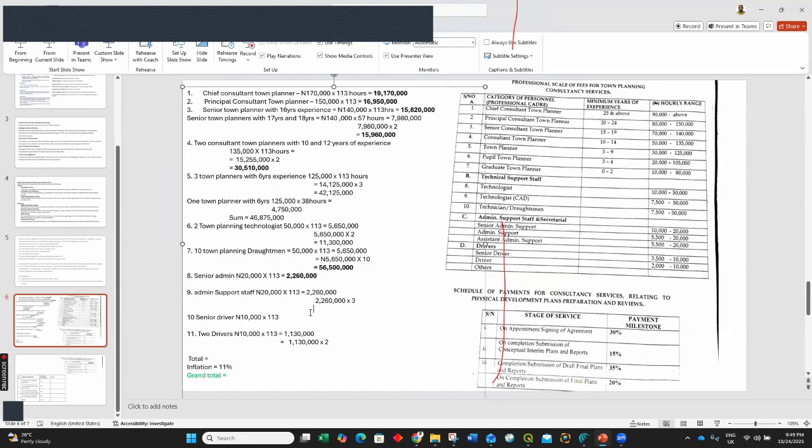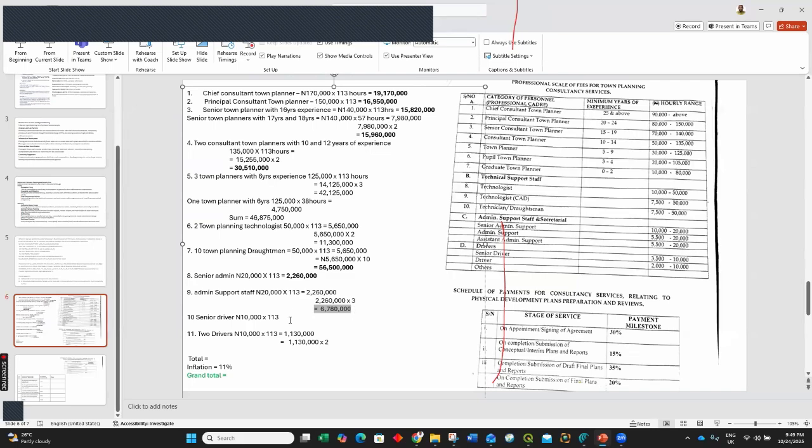We have 3 of them, and they have the same amount as the one above. So 2.2 for one of them, and we have 3 of them, so 2.2 times 3. That is the amount for the 3 of them. So the amount is 6.7.